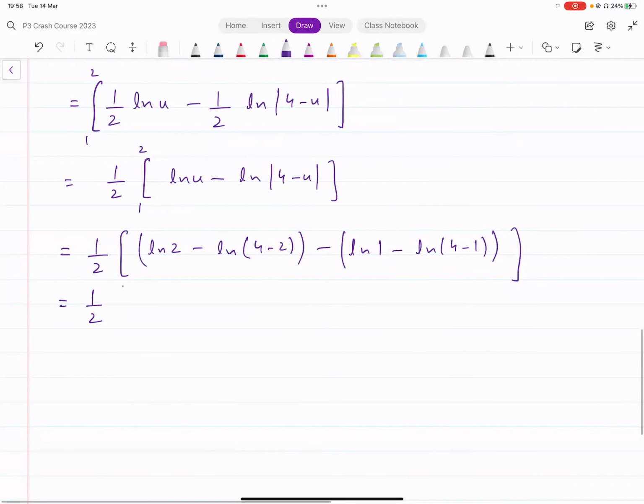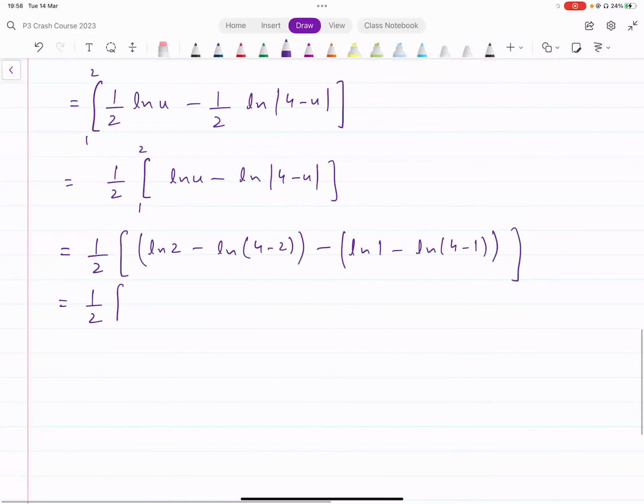You have half outside. Inside, you get ln 2 minus ln 2 minus ln 1 plus ln 3. ln 2 minus ln 2, they get cancelled. ln 1 is just 0, right? So that gets eliminated as well. We are just left with half ln of 3.